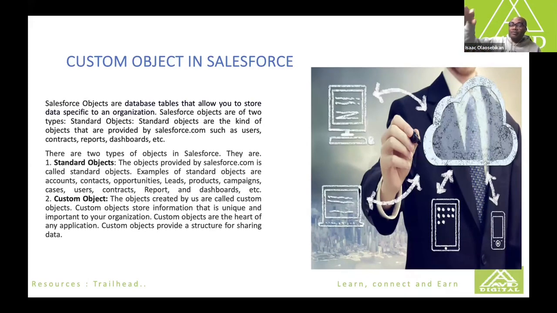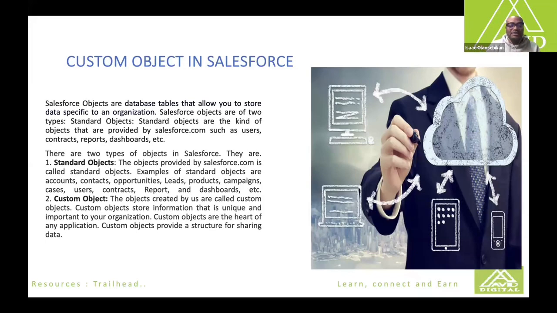You are not the one that makes up all the fields that you need to fill. Maybe the user's name, the area where you enter the name of the person, first name, last name, and all those things have been provided. So they still categorize users as a standard object. Then there are many reports, dashboards, and so on. They are all standard objects.